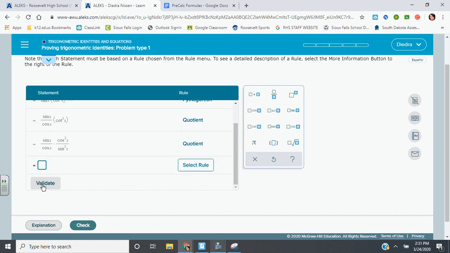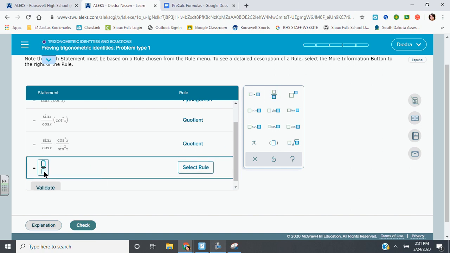From there, now's where I can simplify. I've got a sine in the numerator and 2 sines in the denominator, and I've got 1 cosine in the denominator and 2 in the numerator. So I'm going to reduce and simplify one of these sines. So I'm going to reduce my sine in this numerator. That will cancel one of them in the denominator. So I'm going to have 1 sine in my denominator.